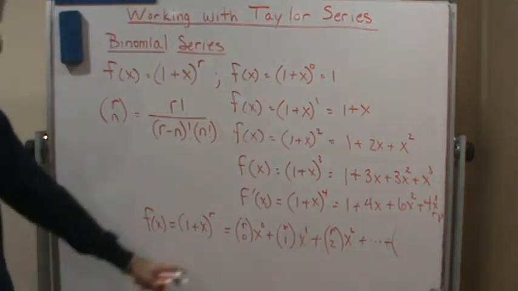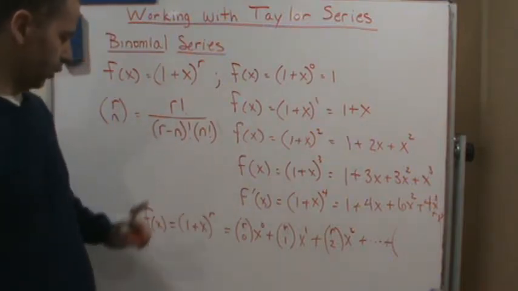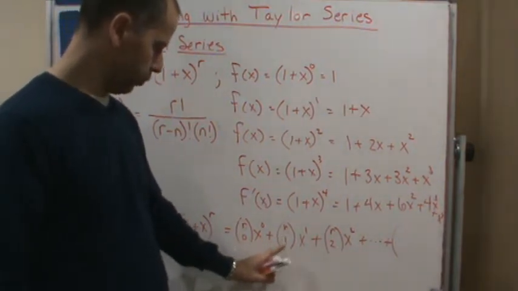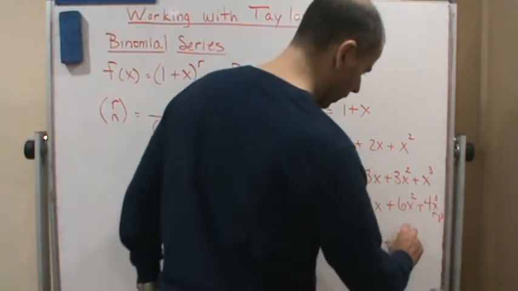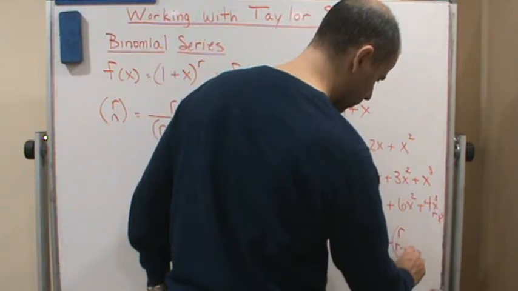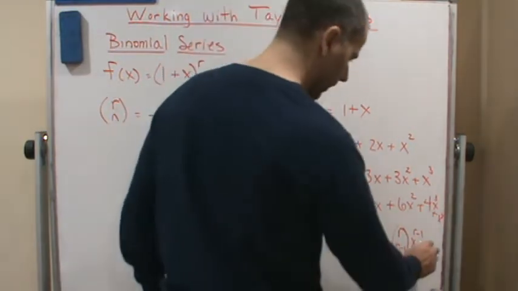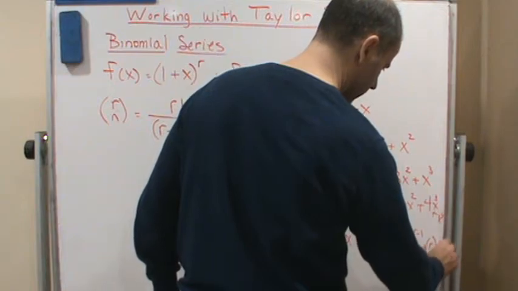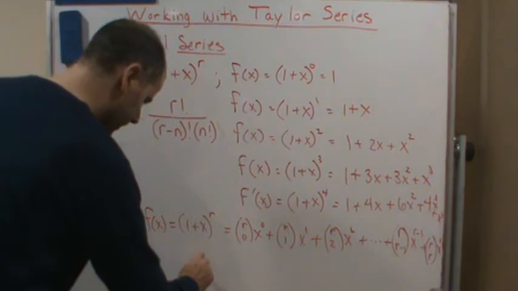So this expansion using this formula for the binomial coefficients is R choose 0, x to the 0, plus R choose 1, x to the 1, plus R choose 2, x to the 2, all the way to R choose R minus 1, x to the R minus 1 power, and then plus R choose R, x to the R.